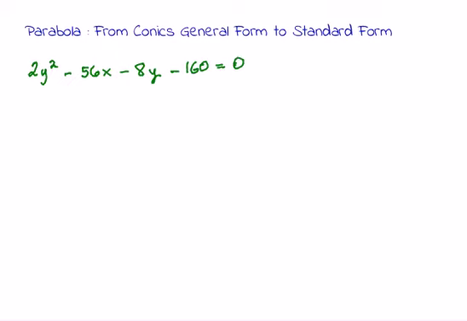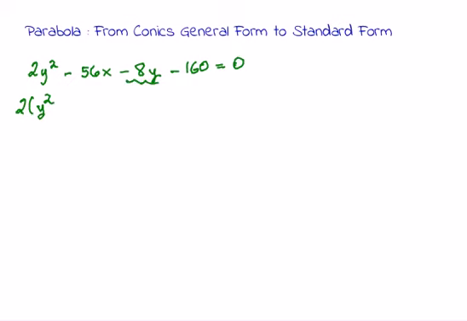Now, to get this in standard form, the first thing that we need to do is reorder the terms so that we can complete the square for the y. And I also noticed that I've got a coefficient of 2 on the y squared term. I much prefer a coefficient of 1 when completing the square. So I'm going to go ahead and factor that out while I reorder the terms. So we're going to factor out the 2, and I'm going to have y squared. And then I see this minus 8y term.